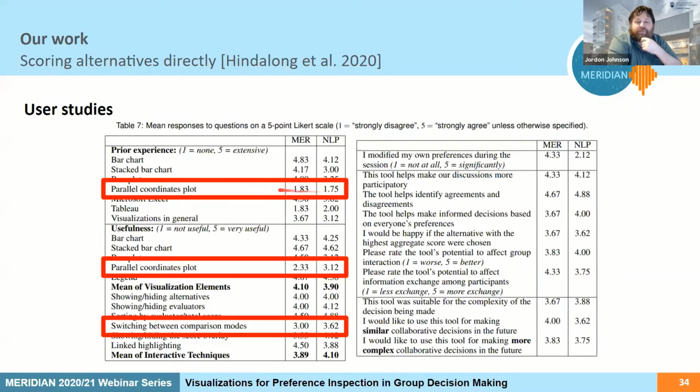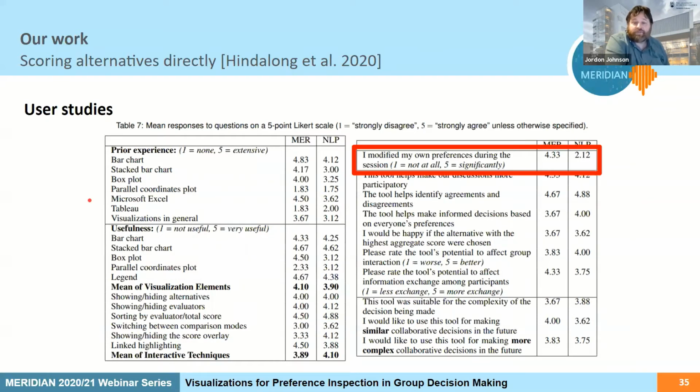So this here, the 1.83, the 1.75, indicates that the participants for both studies weren't terribly familiar, or well, had no previous experience with the parallel coordinates plot, so it's a fairly new idiom for them. And similarly, switching between comparison modes necessarily means switching to the parallel coordinates plot. So while there still may be some way in which the parallel coordinates plot is less useful, we suspect that these scores were primarily due to the lack of experience.